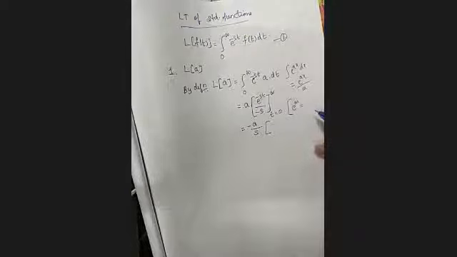See, e raised to 1, e raised to 2, e raised to 100, if you take, is it not in increasing order? So if I take infinity, it is such a big number, actually we don't know its value. So this quantity is again infinity. E raised to infinity is infinity only.